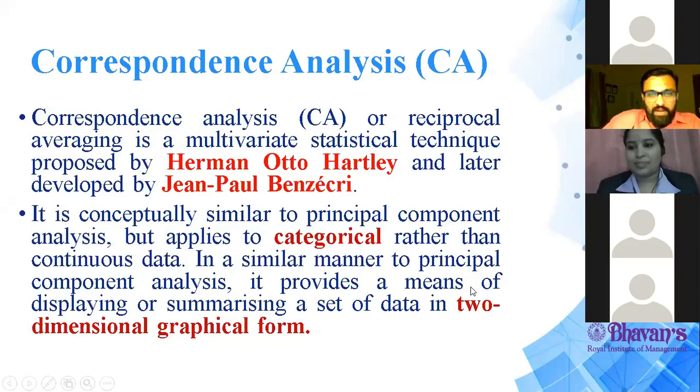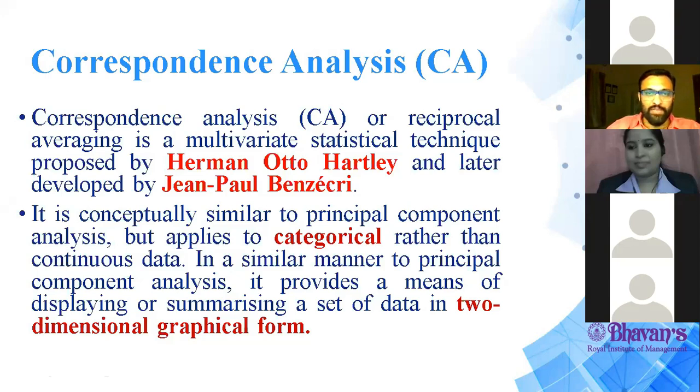To give a peripheral idea, or to brush you up regarding correspondence analysis, it is usually called CA. You all might have heard of FA or EFA. It is actually exploratory factor analysis, which is one of the dimension reduction tools.